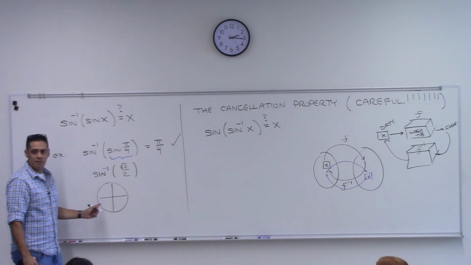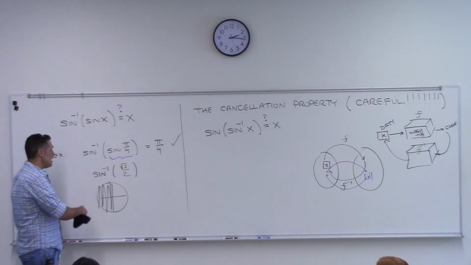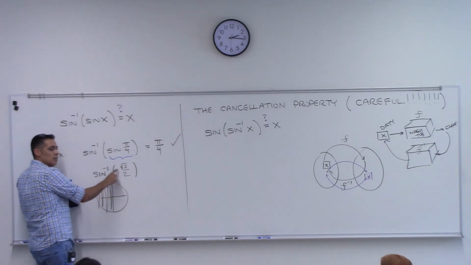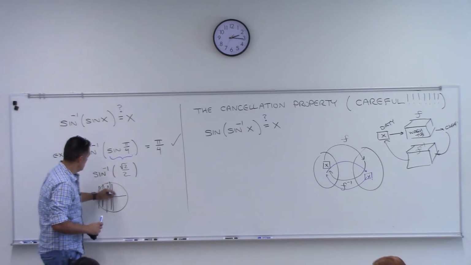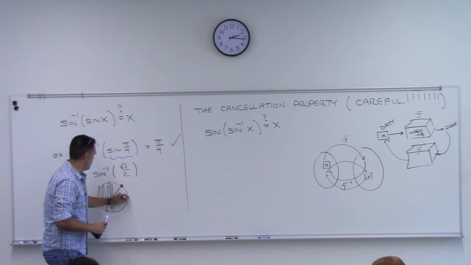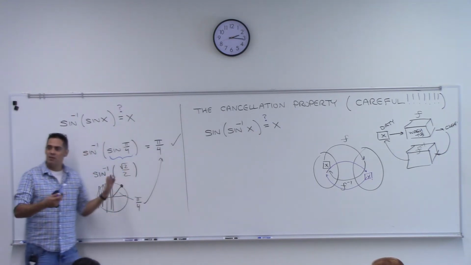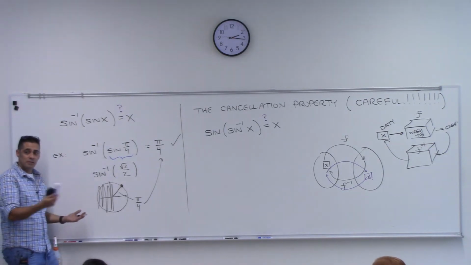Which quadrants get cut off? 2 and 3 get cut off. And now it's saying, at what angle is your y coordinate root 2 over 2? 45, which is pi over 4, which is the answer, yay. So it seems like this works, yes?